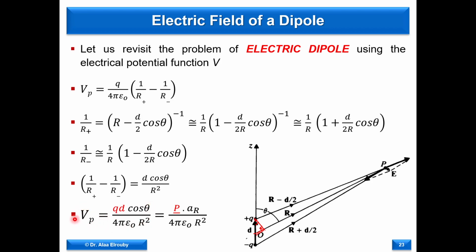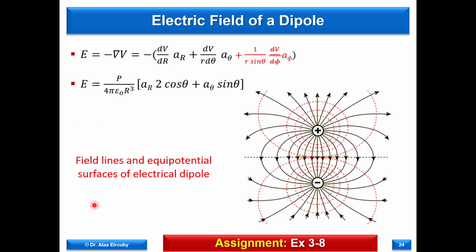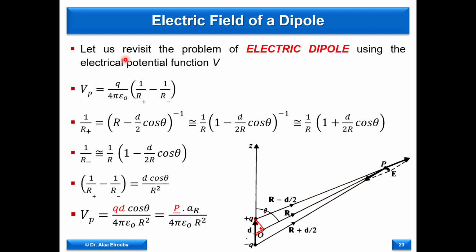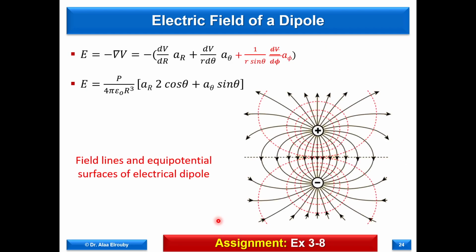So we now have the general expression for the electric potential because of an electric dipole. Now we need to find the electric field. The electric field equals minus the gradient of V. This expression is in the spherical coordinate system, so we just apply the gradient in spherical coordinates.